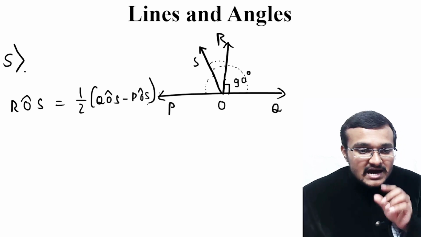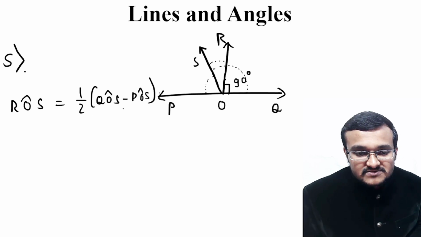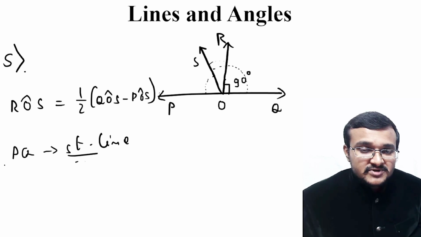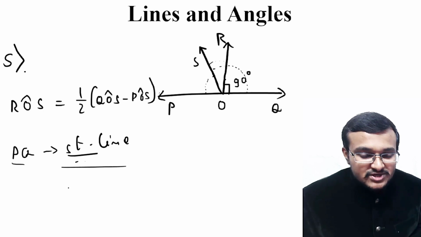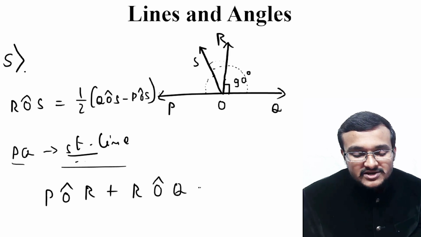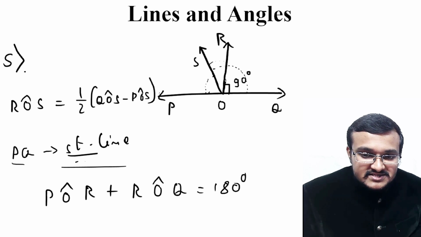Now you have to prove ROS is equal to 1 by 2 into QOS minus POS. In this question, we have PQ as a straight line. Since PQ is a straight line, POR plus ROQ should be equal to 180 degrees, because OR is a ray which is sitting on this PQ like this.